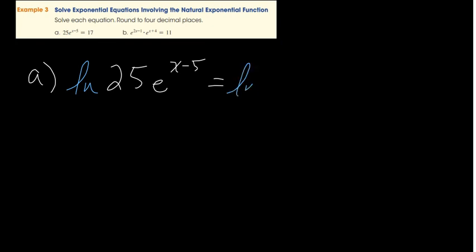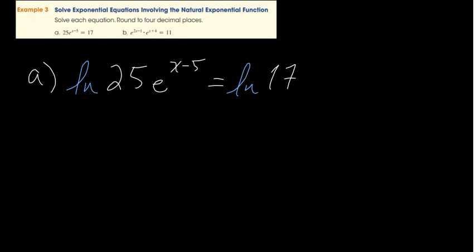There's obviously nothing we can do here except for take the natural logs of both sides. So let's go ahead and do that. Natural log of 25 e to the x minus 5 power is going to be equal to the natural log of 17.